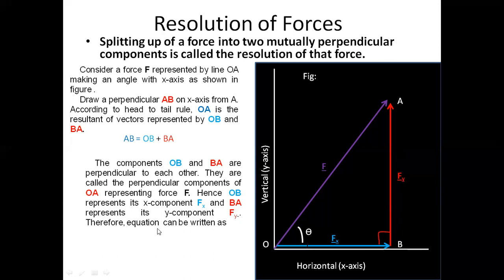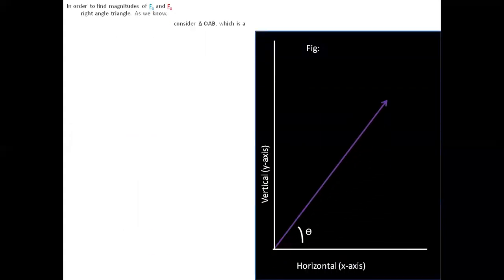Therefore, we have a force which is broken down into its components, and now we are going to resolve the two components x and y with the help of a triangle which we have already drawn, but we are going to make it clear.